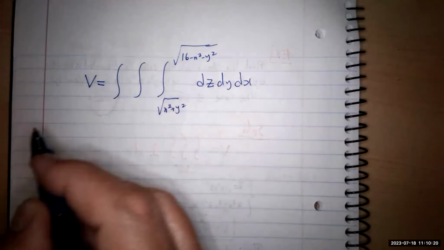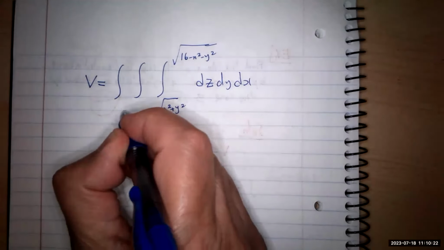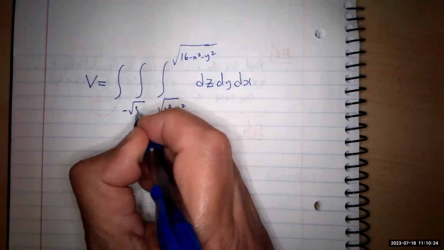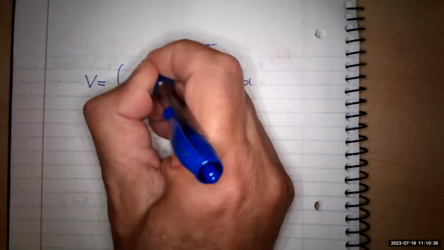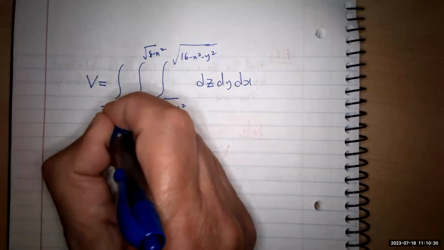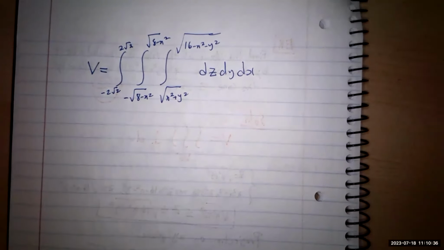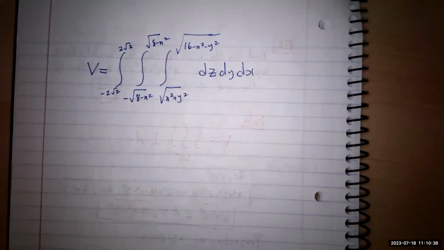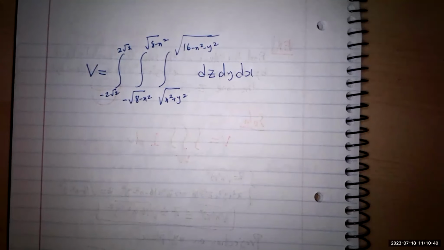Your y was that semicircle: negative square root of 8 minus x squared to positive square root of 8 minus x squared, and your x from negative 2 radical 2 to positive 2 radical 2. You see, this is the integral that gives you the result.